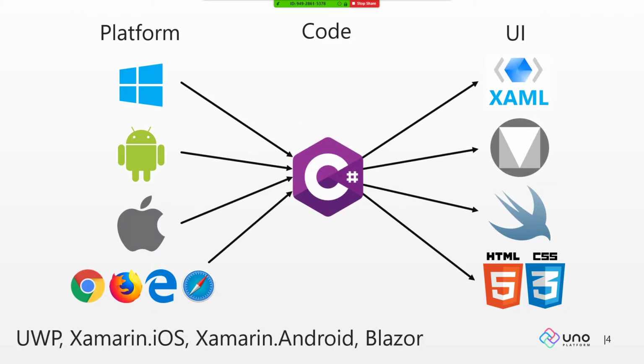The better way is to have a single language to cover the business logic and then have platform-specific UI. This is possible if you use C# as the native language, and then you build a UWP application with XAML, Android with XML and Xamarin Android, and the same with Xamarin iOS. And finally, for web, you can now use Blazor to write your business logic in C# and just display it with HTML and CSS.